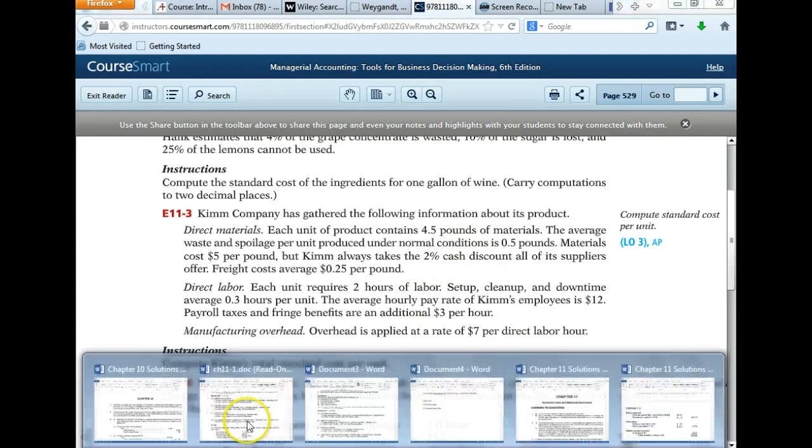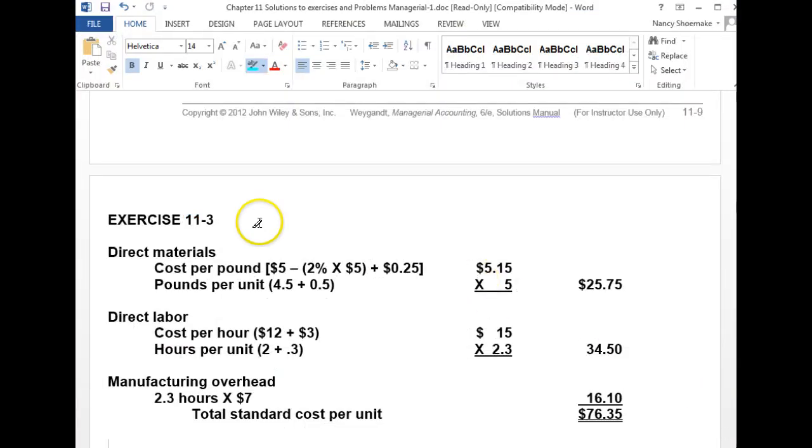Correct. Pound, the cost per pound, okay?